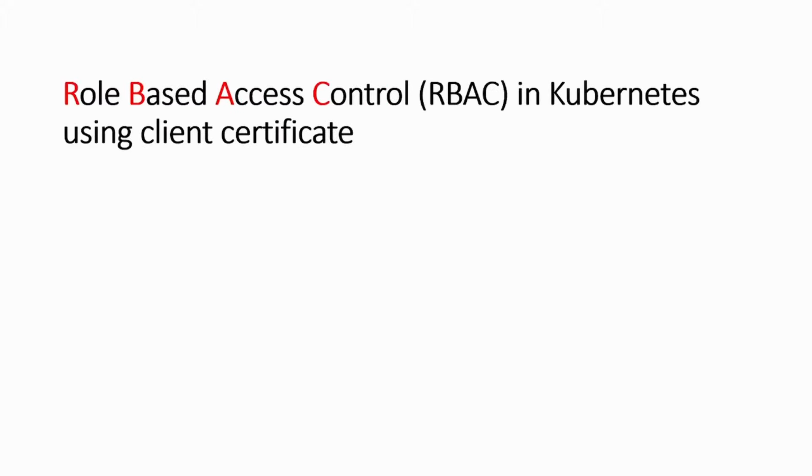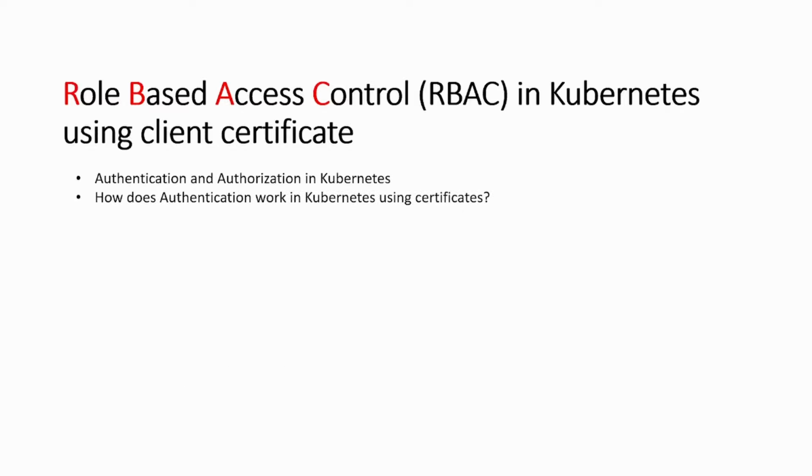The main method of access control in Kubernetes is role-based access control. I will be explaining the authentication and authorization, and how authentication works in Kubernetes using certificates, the authorization part, and also a quick demo.